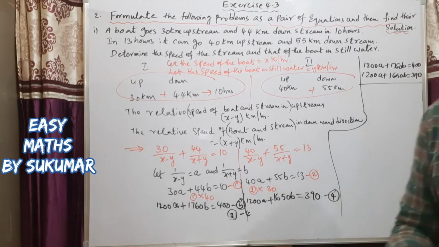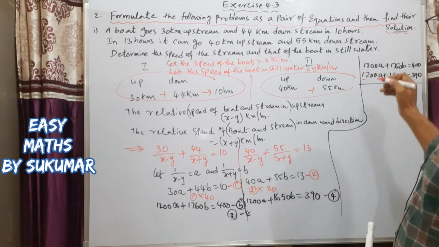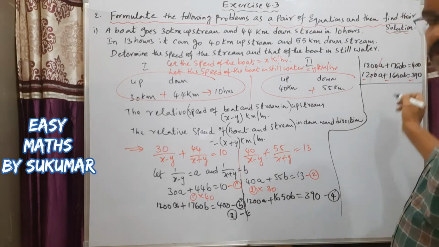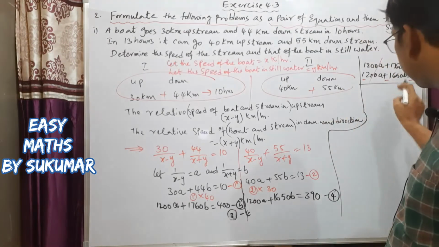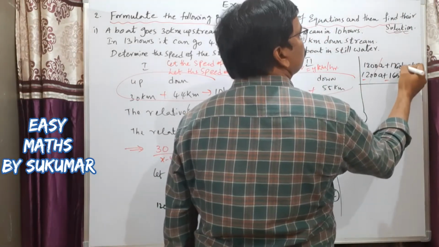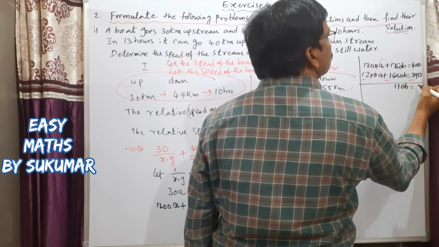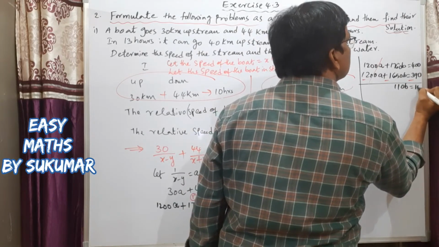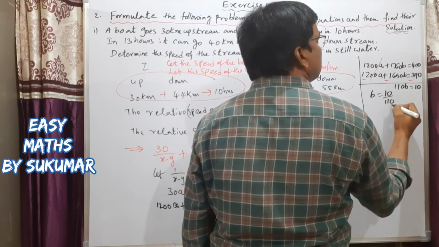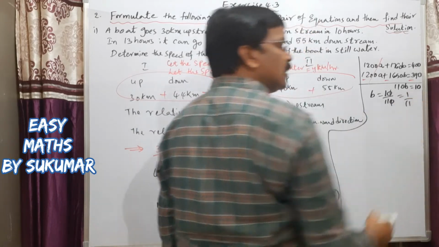By subtracting the two equations, the a terms get cancelled. Now 1760 minus 1650 is 110, so 110b equals 400 minus 390, which is 10. So b equals 10 by 110, the zeros cancel, and finally b equals 1 by 11.